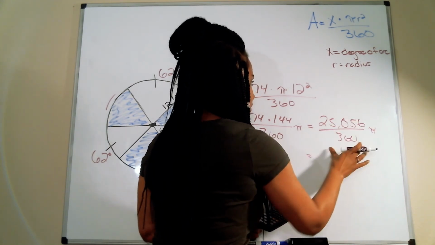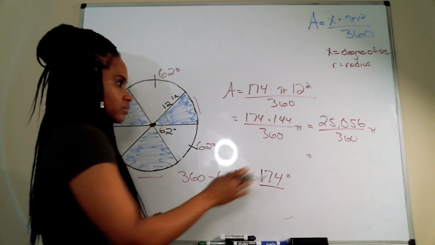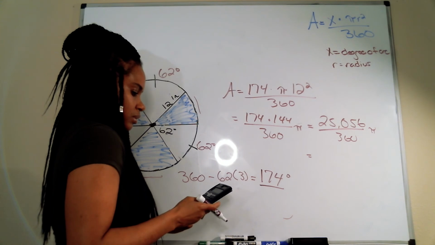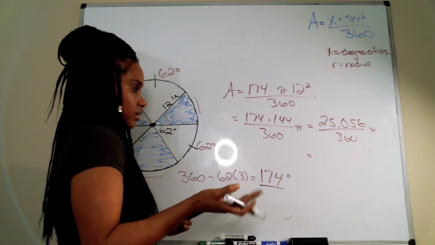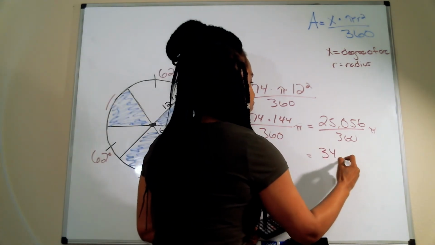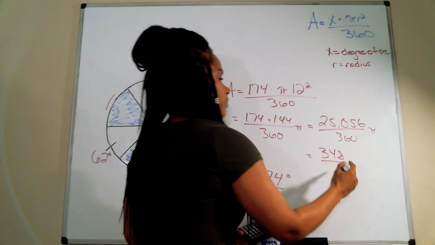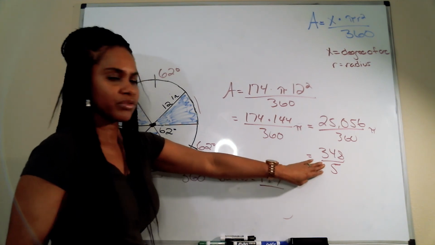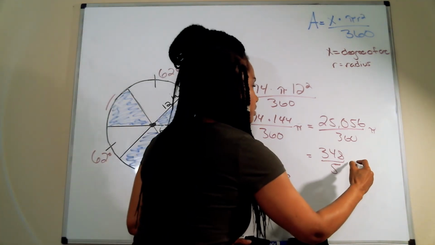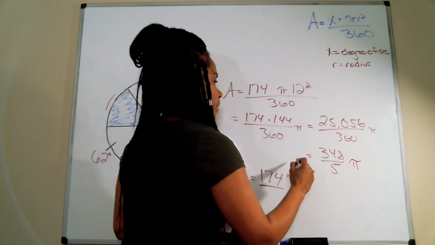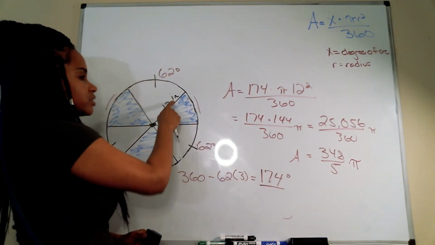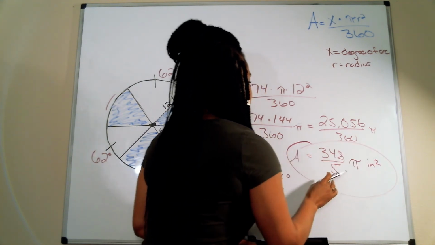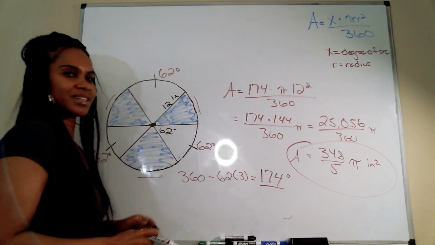I'm going to try dividing by 72. Let's see. And it does go in there evenly, so 348. 360 divided by 72 is 5. 5 doesn't have any more factors other than 1, so I've reduced that fraction. And I just bring down my pi. And we have inches, so that would be inches squared for the area of the sectors of this circle.